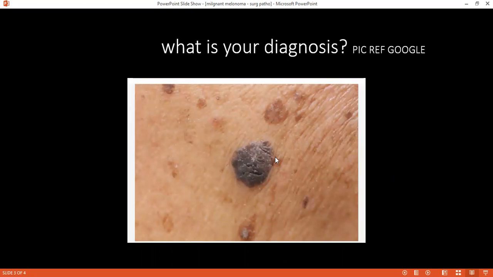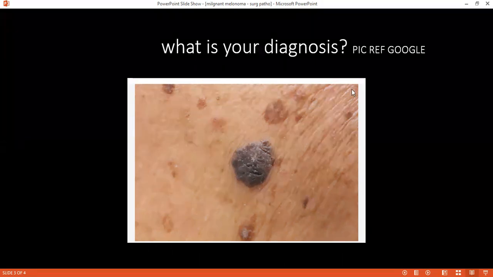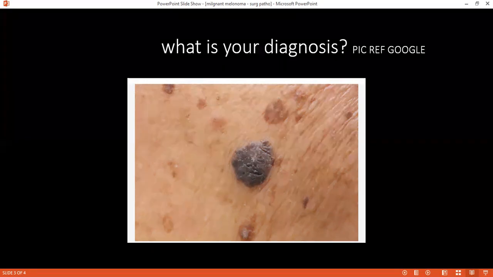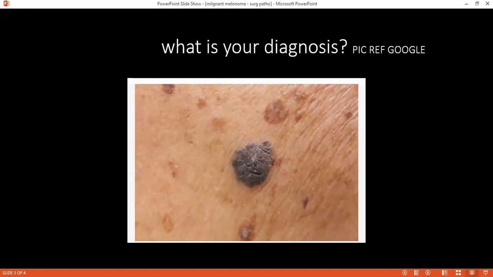Describe the image, please. This is a raised lesion with an irregular border, hyperpigmented, and it also has surrounding mildly hyperpigmented lesions, which could be satellite lesions. Good. Thank you.